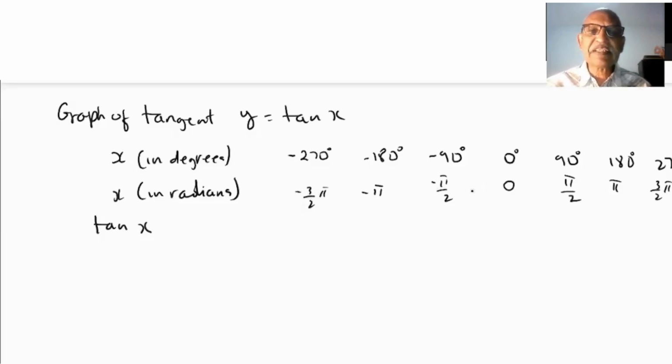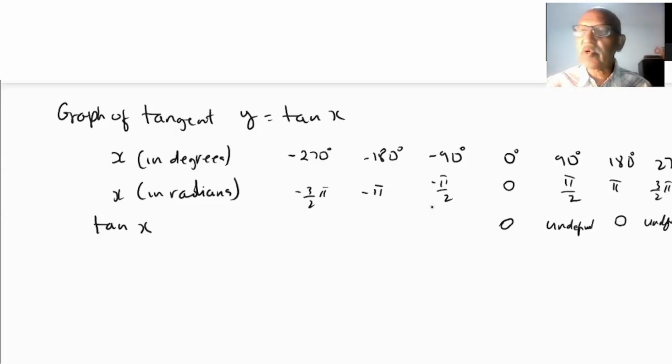So let's find the tangent of 0. Tangent of 0 is 0. Tangent of 90 is undefined. Tangent of 180 is 0. 270 is undefined. 360 is 0.